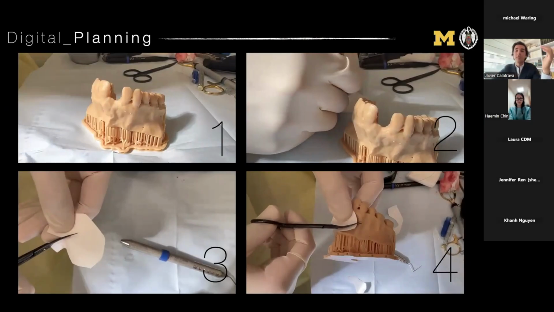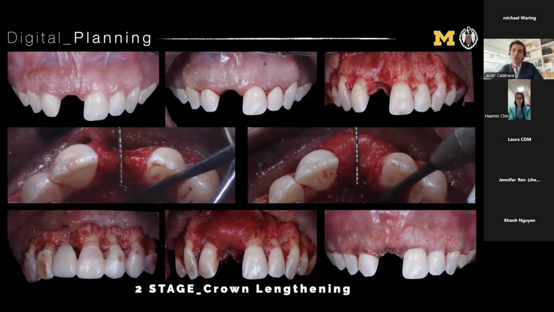So since we have all the 3D data, why don't we help ourselves? And this is not completely mandatory, less so when we're using collagen membranes. It can be much more helpful when we're using non-resorbable PTFE membranes. But why don't we help ourselves to make the surgery more predictable? Raise a flap like we did here. We raised a mucogingival style flap because we were not going to do the gingivectomy at this stage.